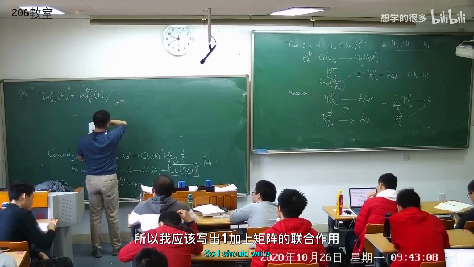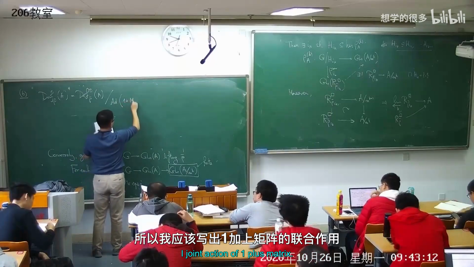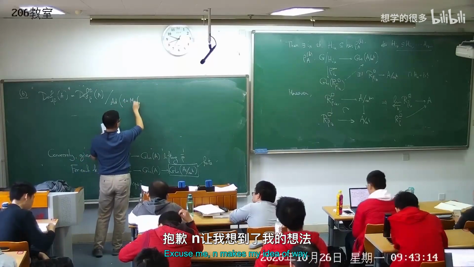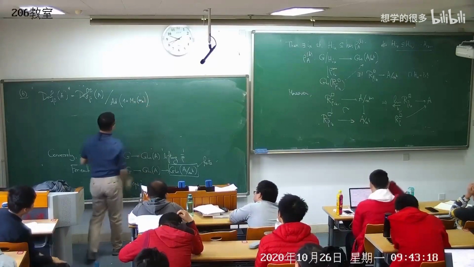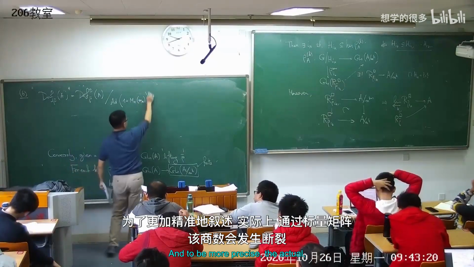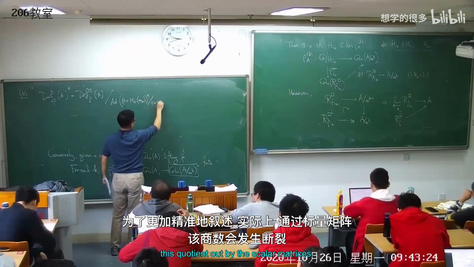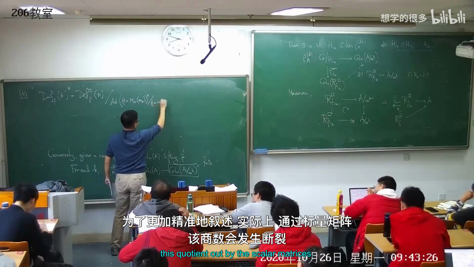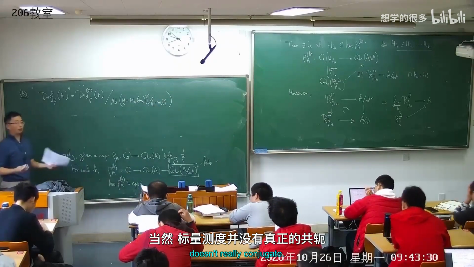Maybe I should write the adjoint action of 1 plus a matrix with entries in the maximal ideal of A. To be more precise, the adjoint action actually factors through the quotient by the scalar matrices, since of course the scalar matrices don't really conjugate.